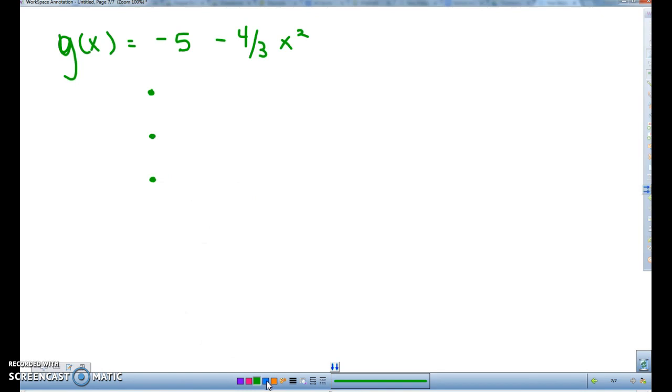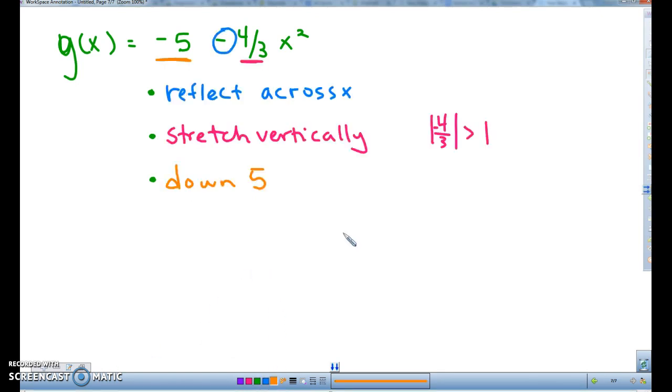Let's see if we can pick them all out. So hopefully these are the transformations you picked. This negative in front of the 4/3 makes it reflect across the x-axis. The absolute value of negative 4/3 is greater than 1, so it stretches vertically. And of course, this negative 5 hanging out in front, I could move it to the back and say it's negative 4/3 x squared minus 5, but it is still going to move it down 5.